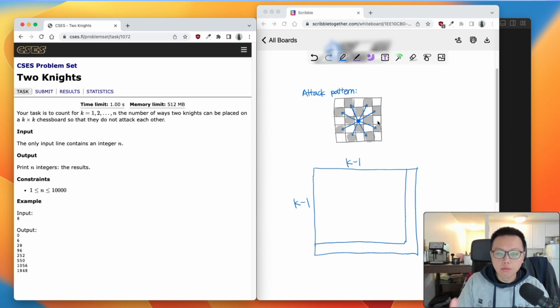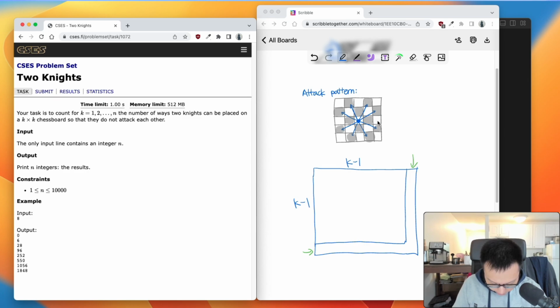We would like to know the number of additional ways to put pairs of knights in this k by k chessboard such that they attack each other. Because we're thinking incrementally, if there is a new pair of knights that attack each other, one of them has to be on the strip in the last row or in the last column.